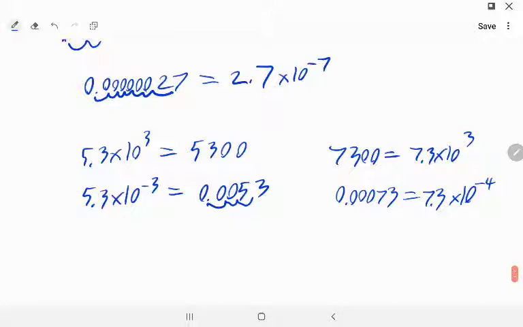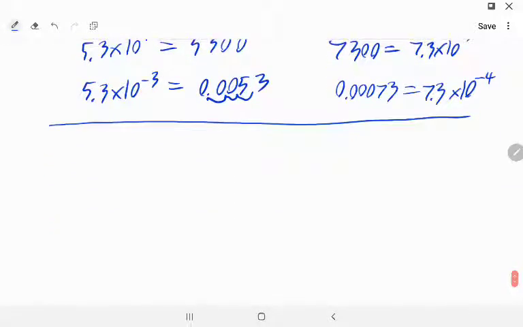Something we probably won't have to do a bunch of, but is worth being aware of, is if we were going to multiply numbers in scientific notation. If we were going to take 4 times 10 to the 5th times 3 times 10 squared, this works a lot like multiplying variable expressions.